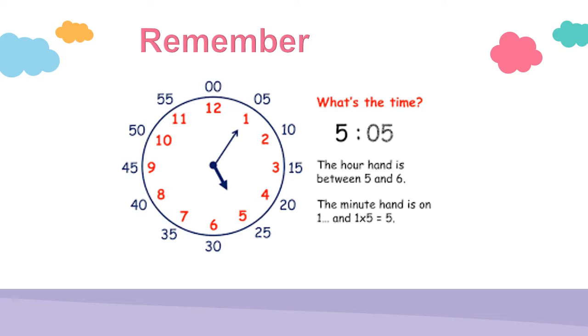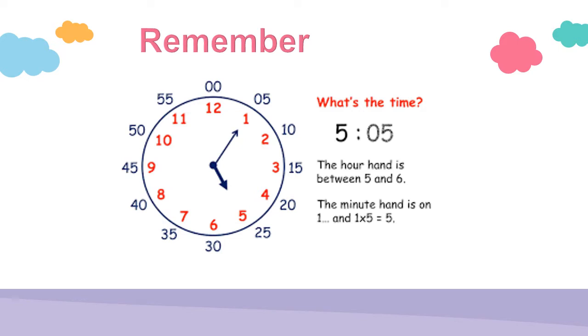Let's remember together how to read the time. First, the shorthand refers to what? To hours. Yes, excellent. And the longhand refers to minutes. Okay, how to read minutes? When the longhand goes from a number to another number, the time goes 5 minutes.